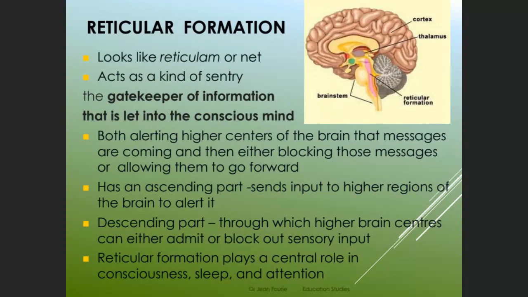The reticular formation both alerts the higher brain that messages are coming, and it may also block those messages and not allow them to go forward into the cortex of the brain, where they go into conscious thought.